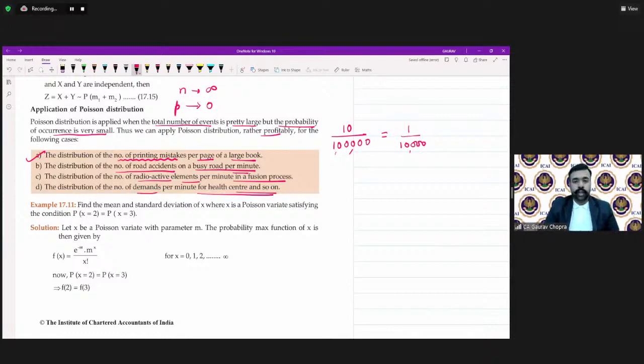Like if we have a car showroom, how many customers arrive in our showroom per minute? Of course, per minute, the chance of a new customer coming is very, very low. So in all such cases, we use Poisson distribution.